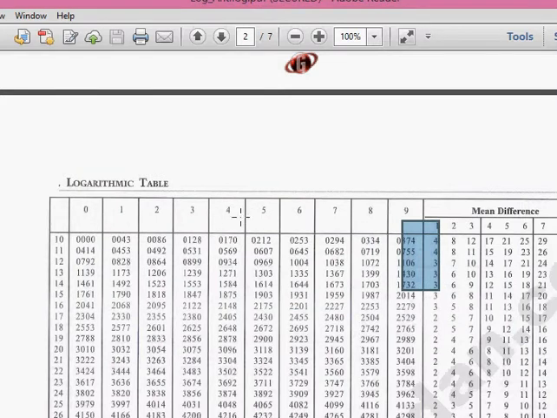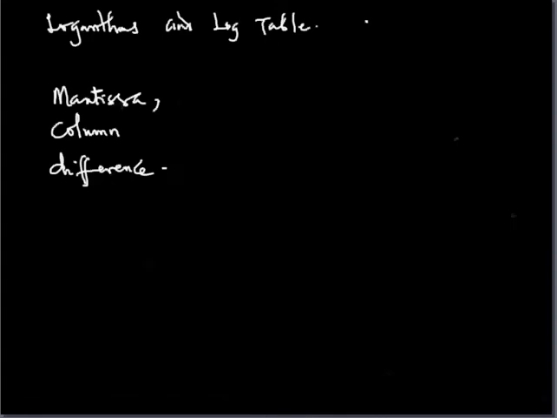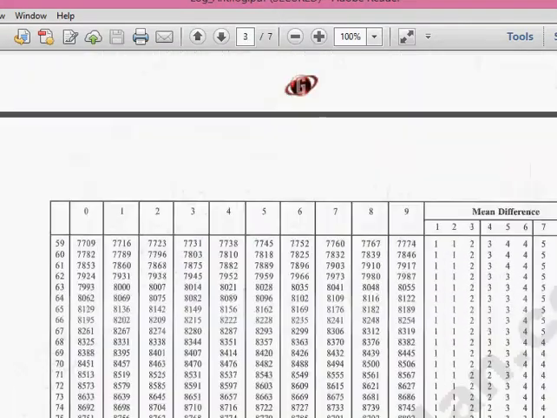So when you want to find the log of a particular number, let's go straight to an example now. I'm going to still be using the example inside this note.